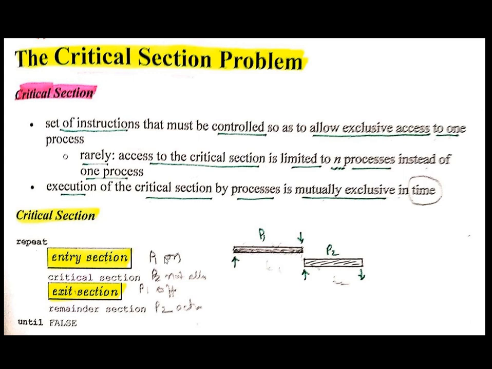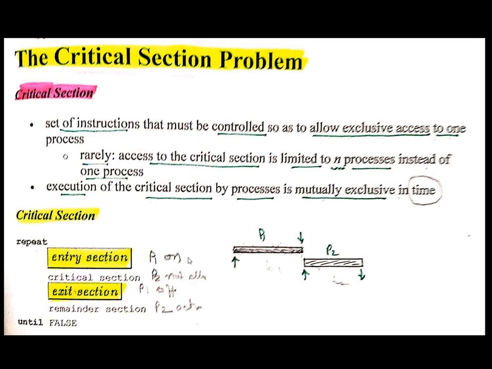I repeat again: P1 is in the entry section. At that time, P2 will be in the waiting section, and it is not allowed to enter the critical section, because P1 is already in the critical section. That's why, because P1 is in the entry section, P2 is not allowed.